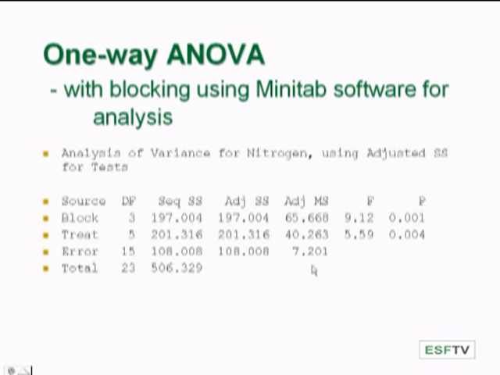Also notice here the MSE. In the first ANOVA, the MSE was 16.95. It was much larger. Here, the mean square error is 7.210. A lot of the variation that came from our blocking has been partitioned away from the MSE.